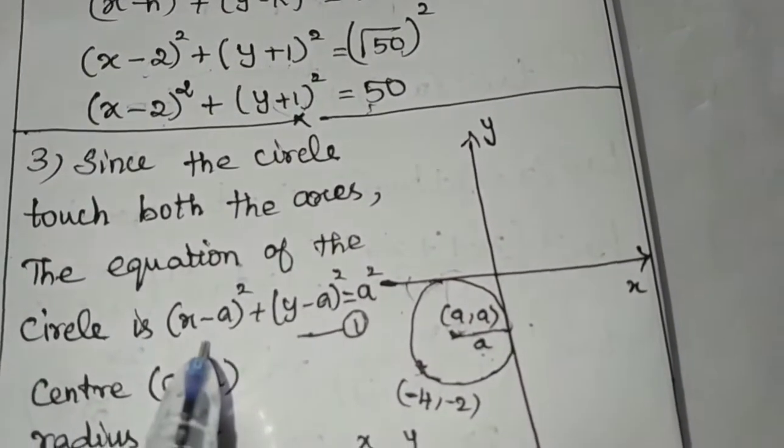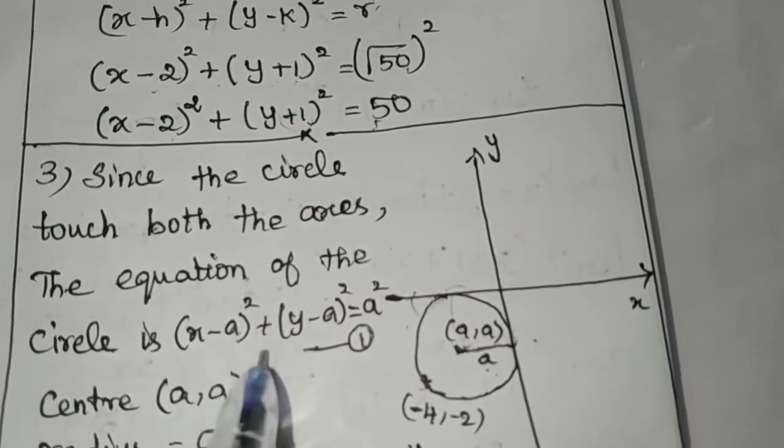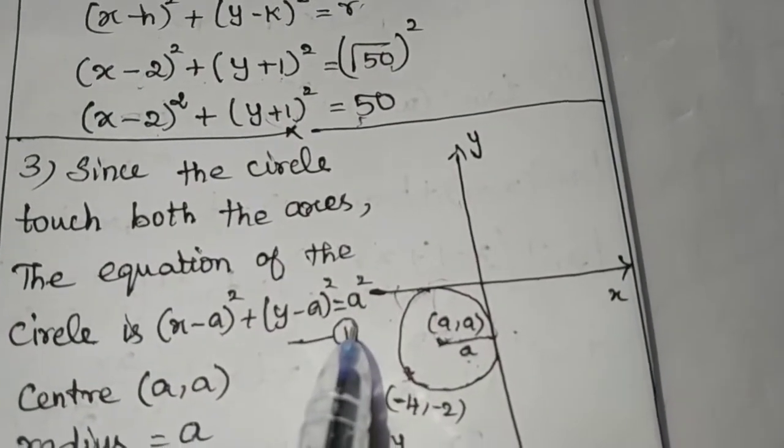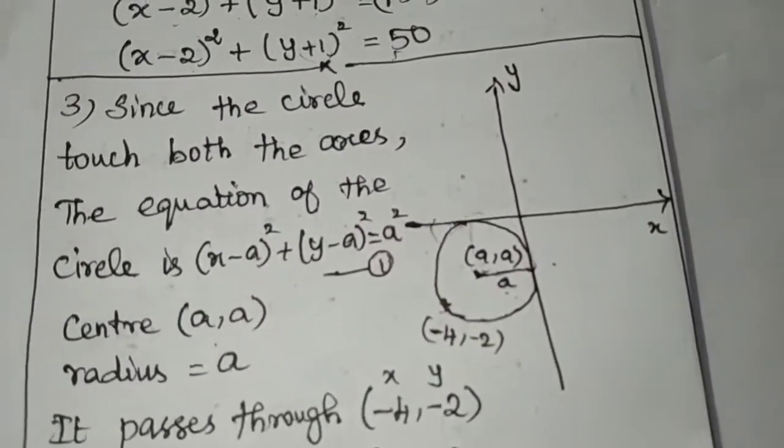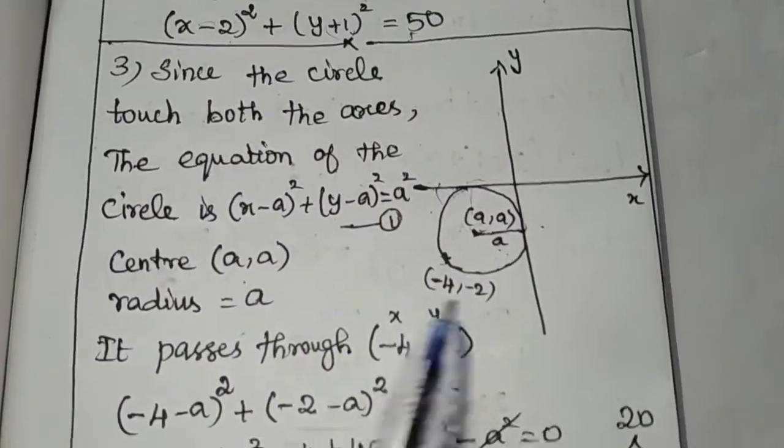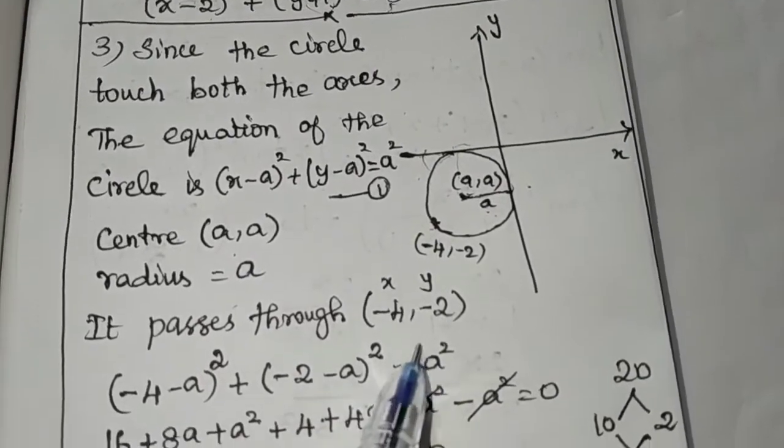So the equation of the circle is (x minus a) whole square plus (y minus a) whole square equal to a square. Now center (a, a), radius a. It passes through one point given, (minus 4, minus 2).